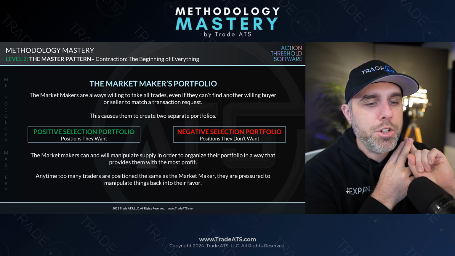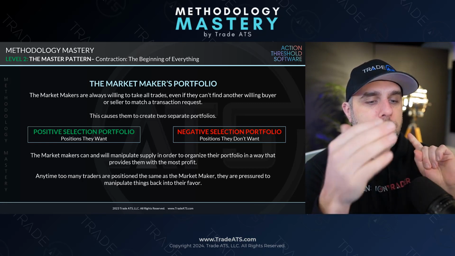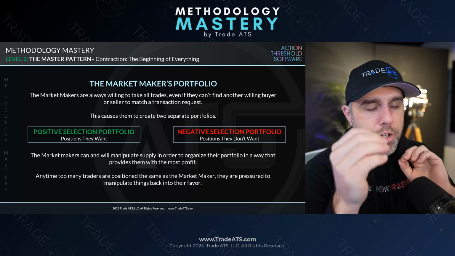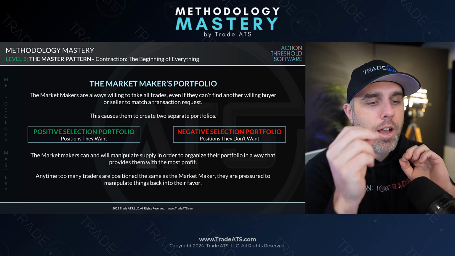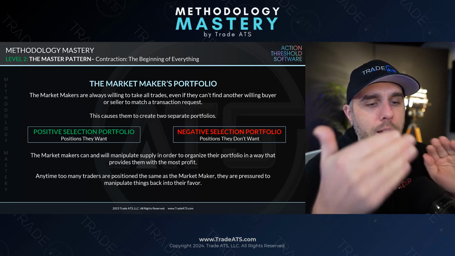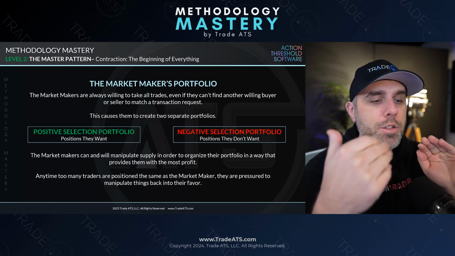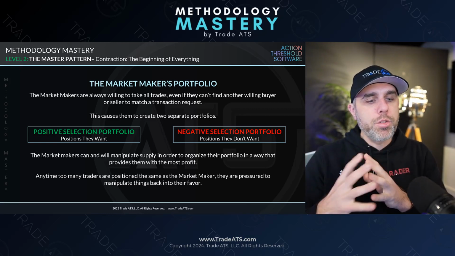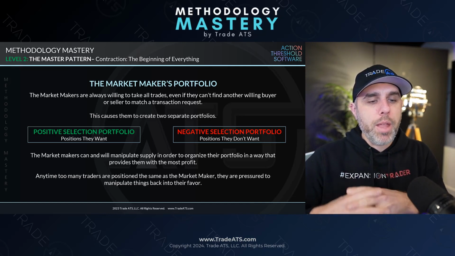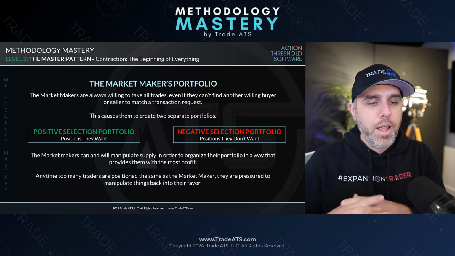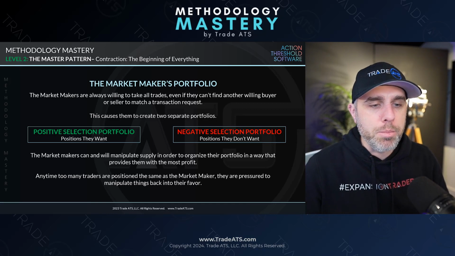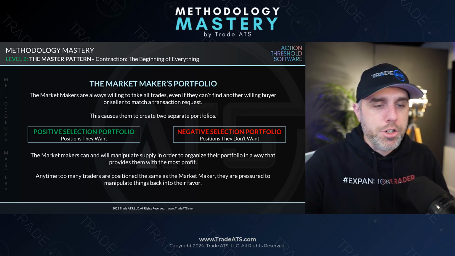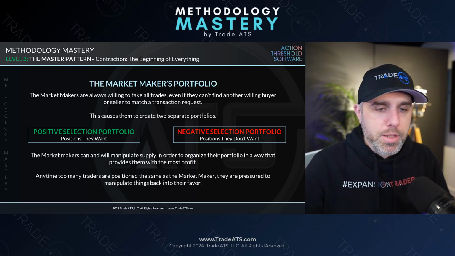So if you were able to push the market just so subtly, just enough to recreate that balance, to get so many traders not so net long, then you can take the other side of all those traders from that manipulative activity and get rid of your negative selection portfolio, therefore ensuring that you're able to go on with your business.